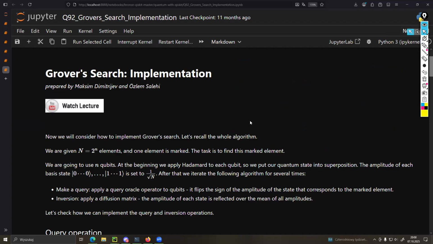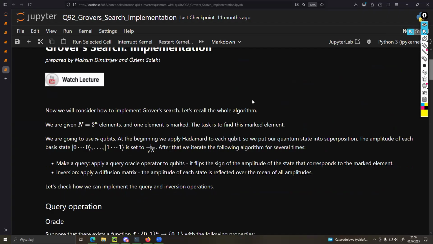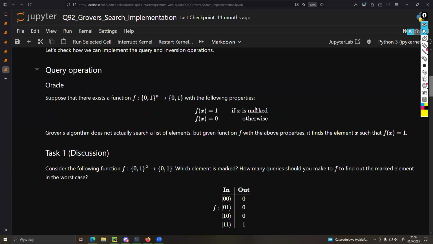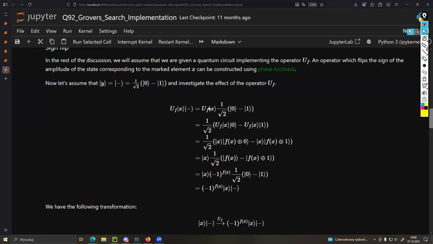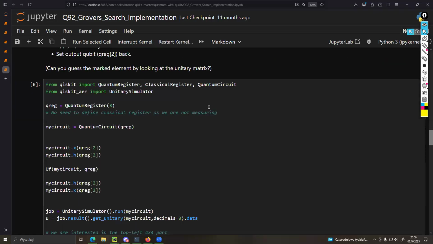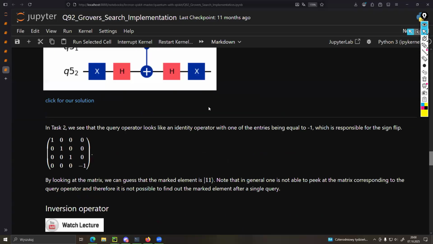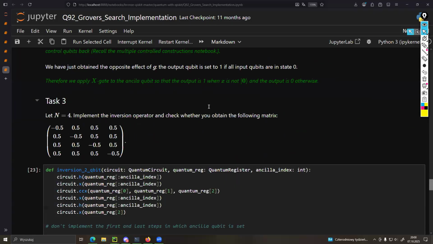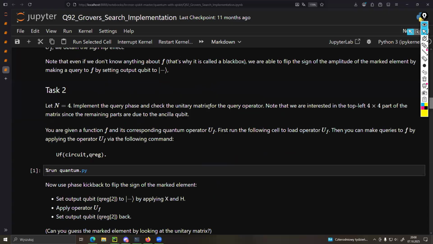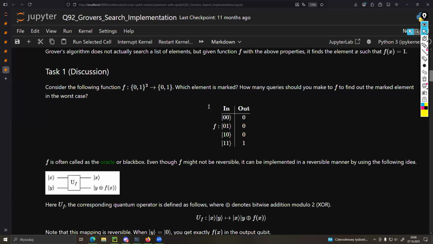So first things first, the easiest task for us is that we would like to have a certain superposition of all of the states. This is very easy.